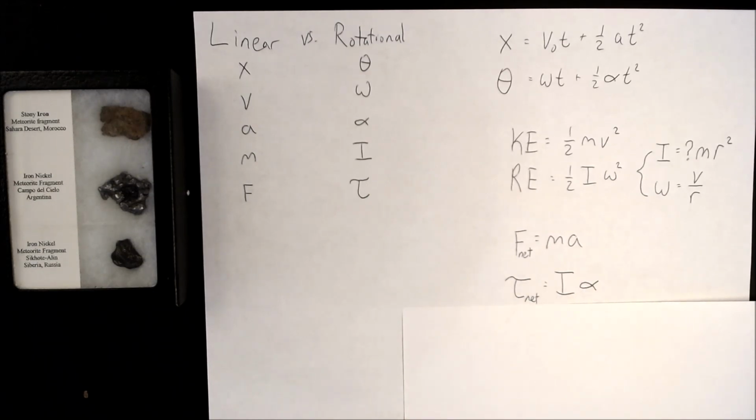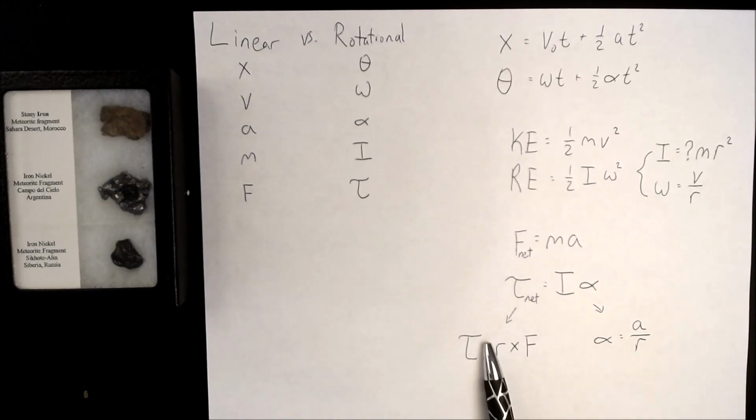Now, there are some new subtleties to it. Torque is the net torque, or the net torque is equal to something, R cross F. We'll talk about what to do with R cross F. This is a cross product there, similar to the dot product that we learned about before.